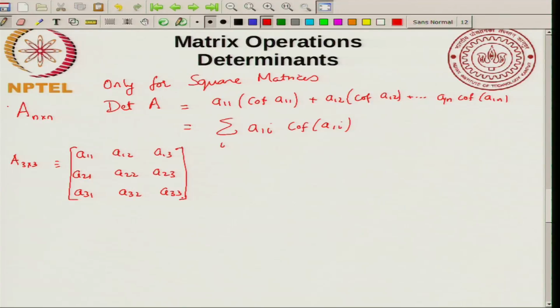Then the determinant of A is denoted by the same matrix with straight lines instead of these square brackets.